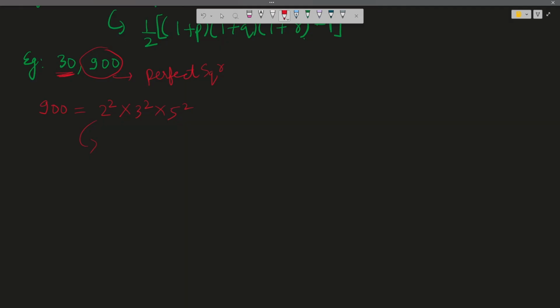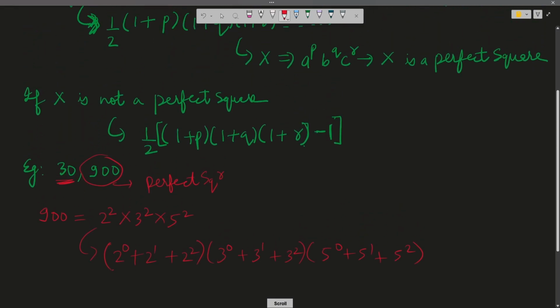Cumulatively, we can express the sum of all the factors as 2 to the power 0 plus 2 to the power 1 plus 2 to the power 2, multiplied by 3 to the power 0 plus 3 to the power 1 plus 3 to the power 2, multiplied by 5 to the power 0 plus 5 to the power 1 plus 5 to the power 2.